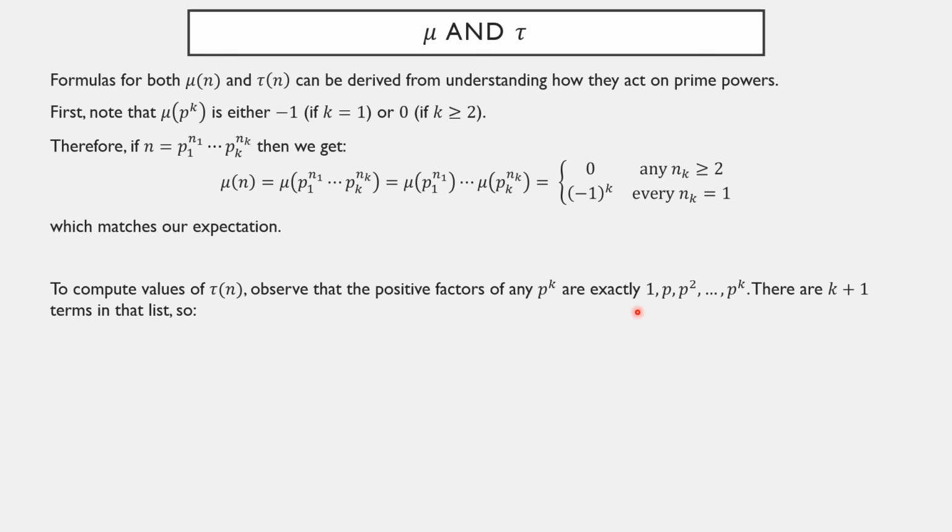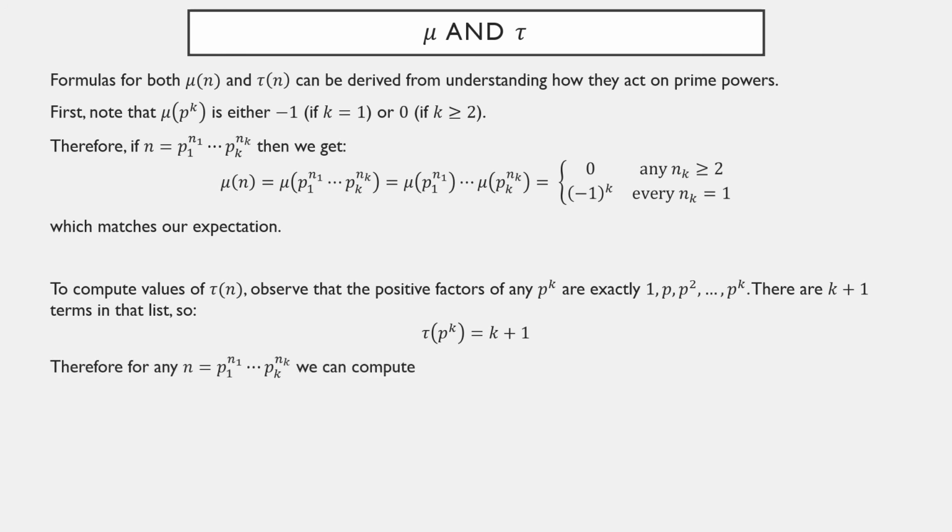How many factors are in this list? A lot of people would look at this last term and conclude there's k, except we actually started at p to the 0. And the list starting at 0 and ending at k has k plus 1 terms. So there's k plus 1 distinct positive factors of p to the k. So tau acts on p to the k and spits out k plus 1. That's how many positive factors there are of p to the k.